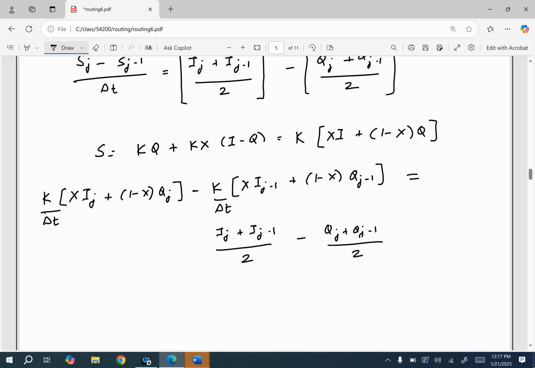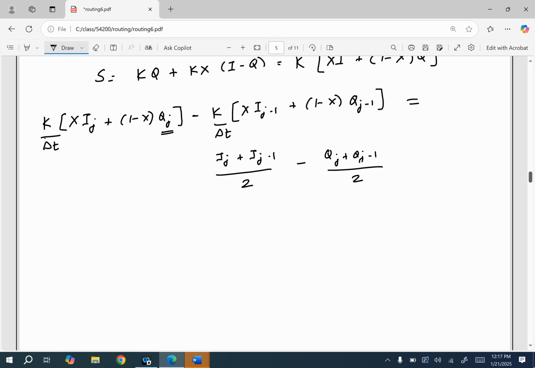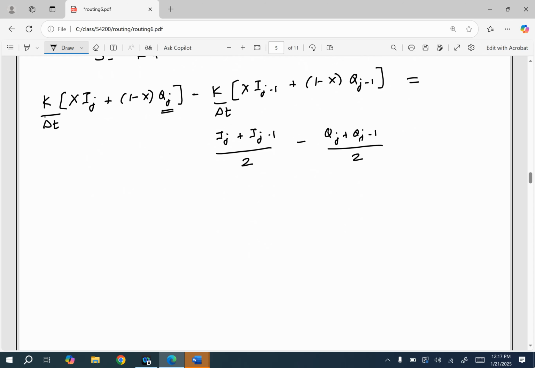So we are going to simplify this expression and then end up with an expression for Qj, which will be the discharge value for the current time step. So to do that, I'm going to keep Qj on the left hand side, and I will also bring the 2 on the other side.